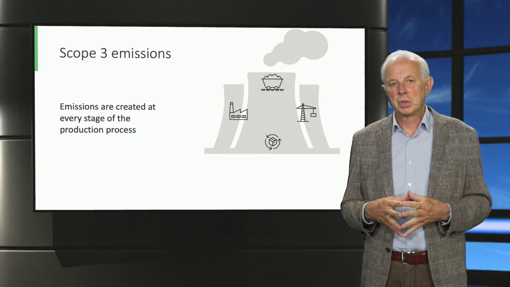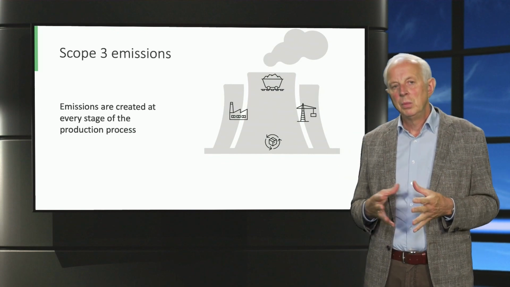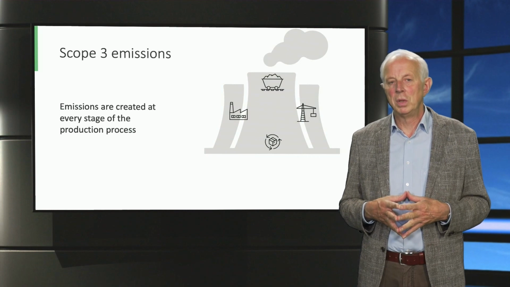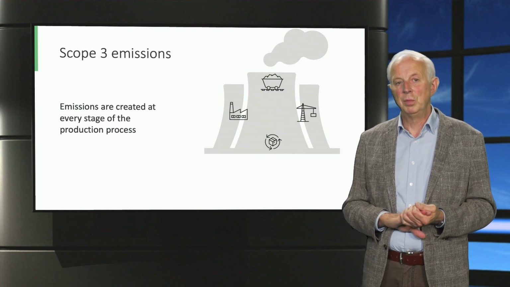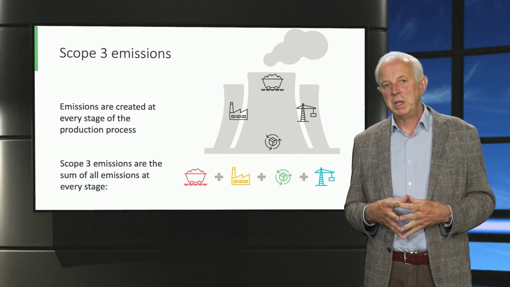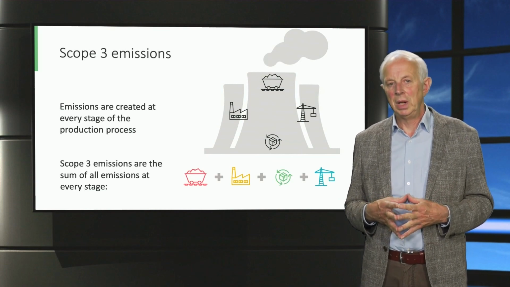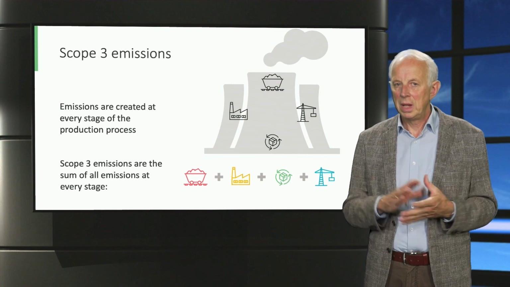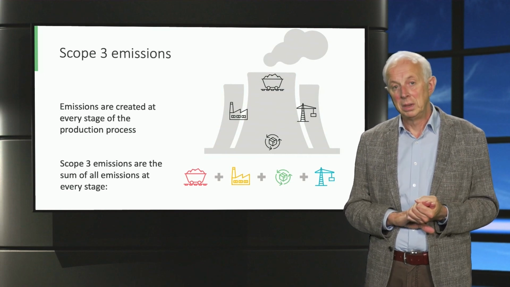For other products, for example a coffee machine, which consists of many different components, this analysis is even more complex. The sum total of these emissions are the scope 3 emissions related to the product. The shorthand is the carbon footprint of that product.